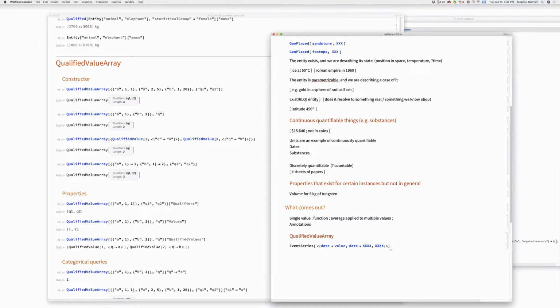To me, I almost feel like it should be called something like data series. And the question is, how does data series relate to interpolating function and things like that?